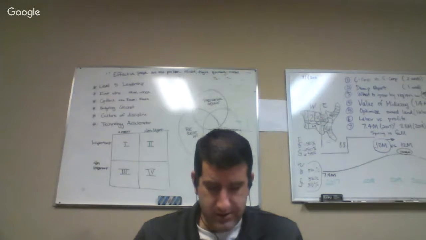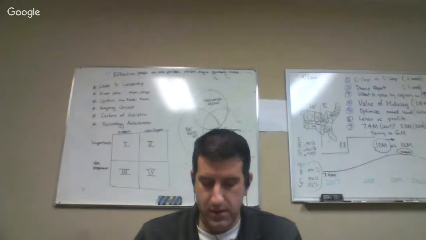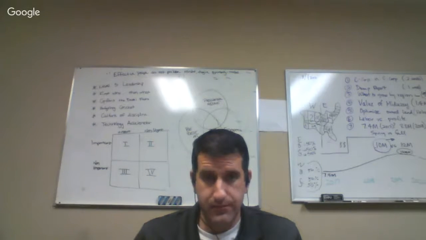The next part is to check the requirements: the sample times p hat, and the sample times 1 minus p hat, and those all need to be greater than 10.